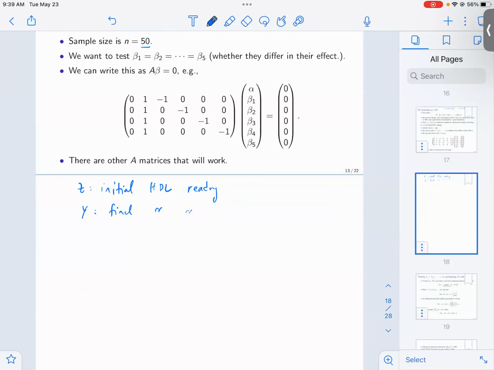And so you'd imagine a very simple relation is that the final HDL reading is related to the initial reading. Someone who has a high level of HDL cholesterol today, maybe after a week it's going to be still high. If they have low, it's going to be low. So there is a simple relation.